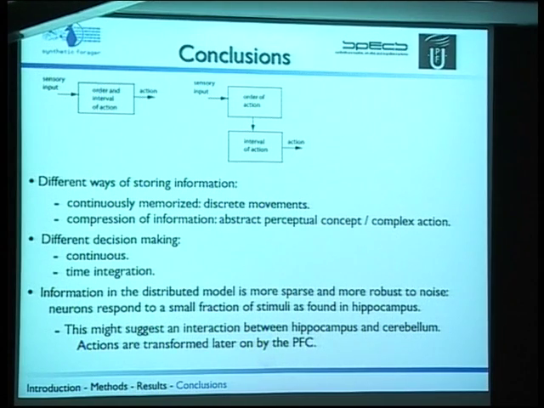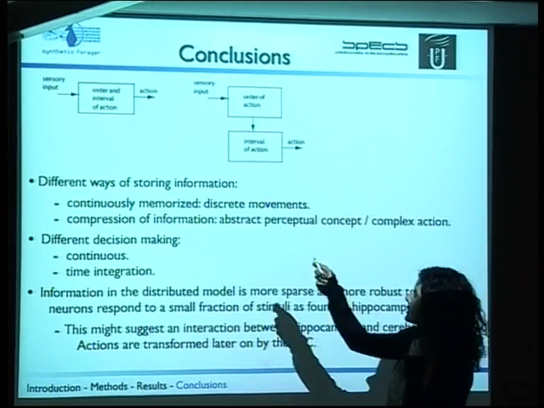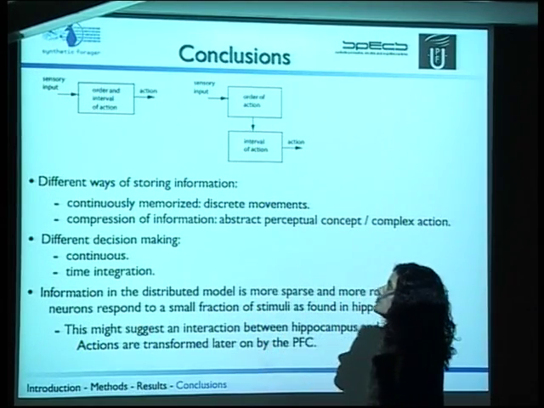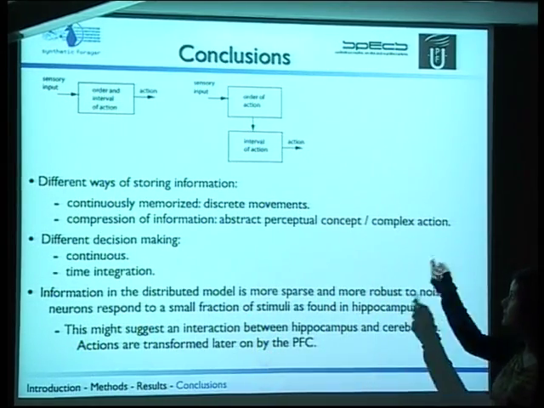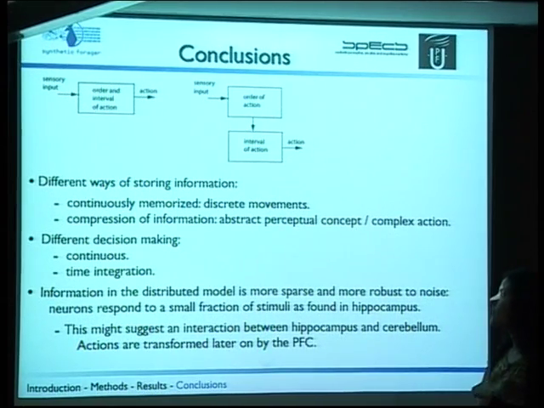And to conclude, from these two different models, we saw that having one area only in the brain to compute order and interval of actions, or having two, meant different ways of storing information in memory. The first one, the combined model, meant continuously memorized movements. So the movements that the robot had in memory had discrete parts.